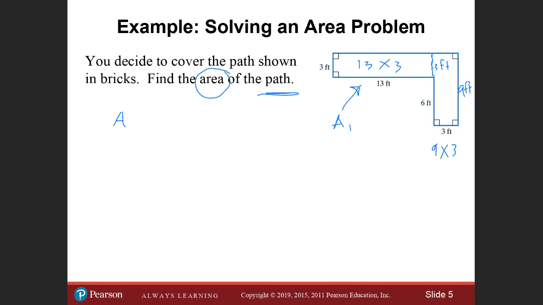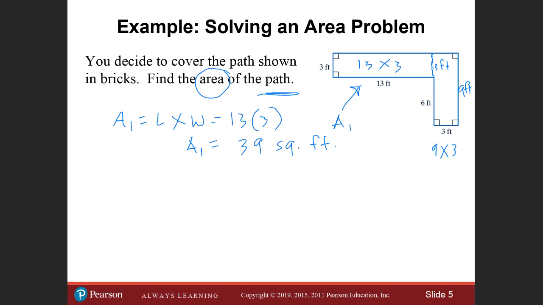Let's start with the first area, area 1. Area 1 would be length times width, that gives us 13 times 3, which is 39 square feet. That's the unit because you're working with area.